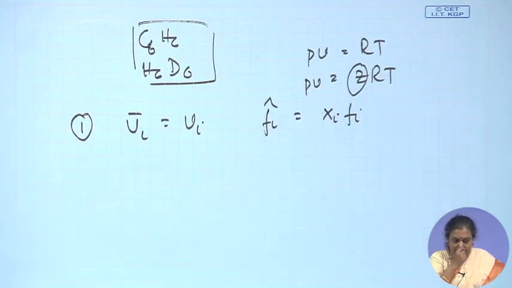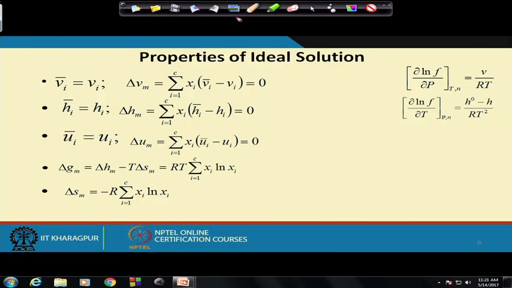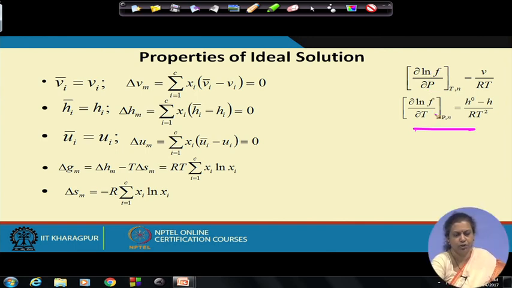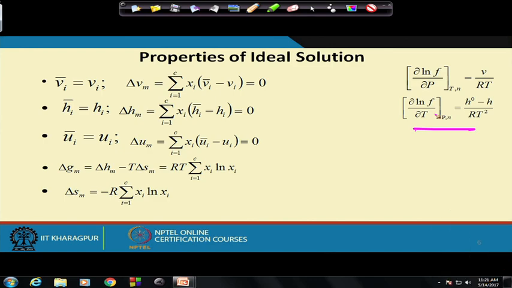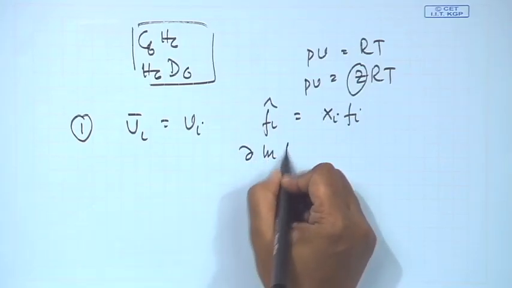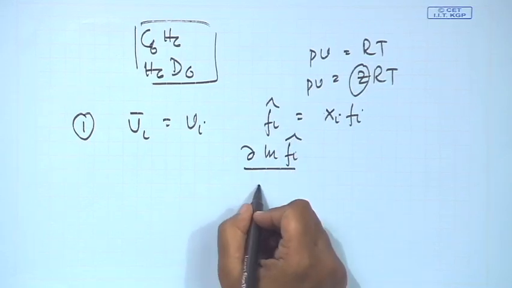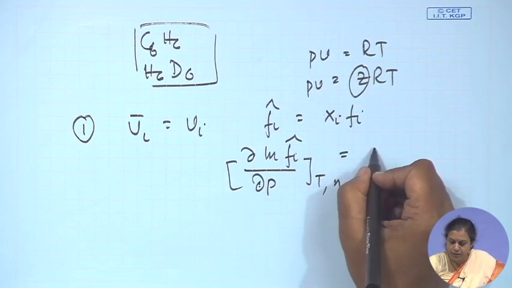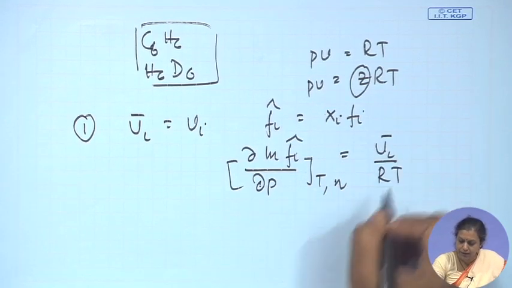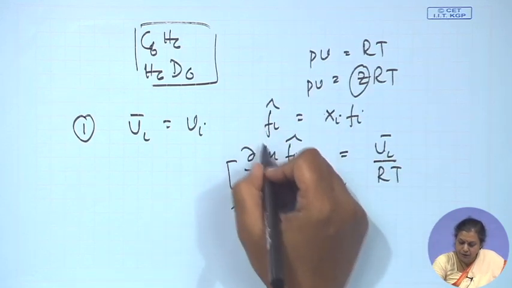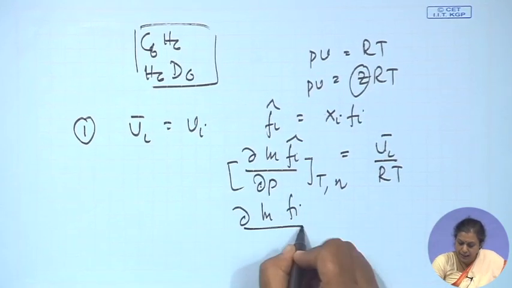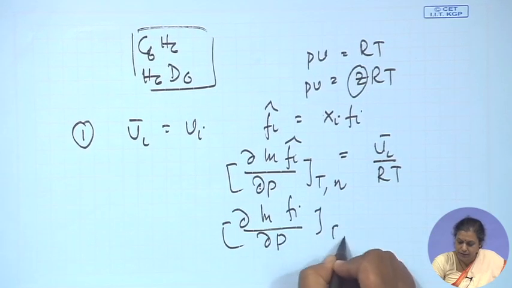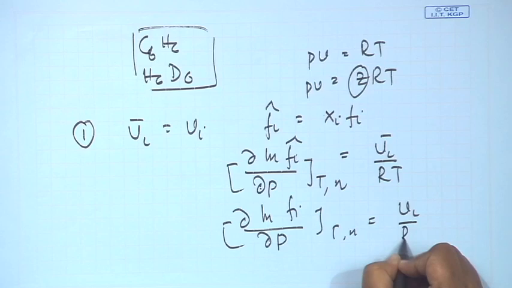Now, if you recall, a few classes back we had found out the variation of fugacity with pressure and the variation of fugacity with temperature. What did we find? From that equation we found del ln f_i bar by del P at constant T and composition, this would be equal to V_i bar by RT. In the same way, we can write del ln f_i by del P at constant T, this is nothing but V_i by RT.